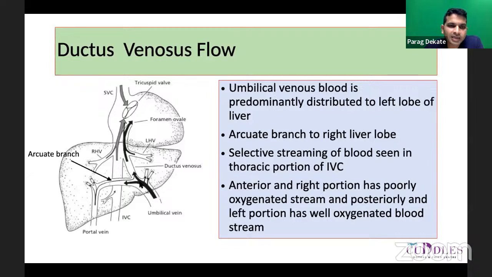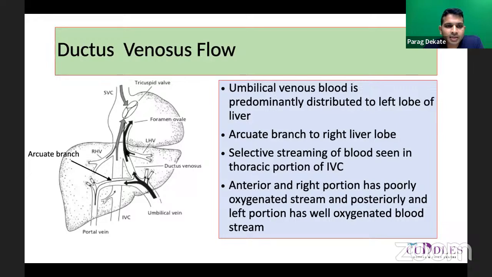What we mean by selective streaming is that this oxygenated blood, which is on the left and probably the posterior aspect, goes directly towards the RA and through the foramen ovale gets shunted towards the LA, which is a selective streaming of the blood. As you discussed, the anterior and right portion has poorly oxygenated blood.